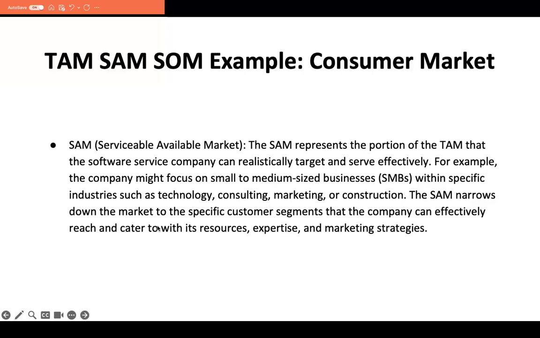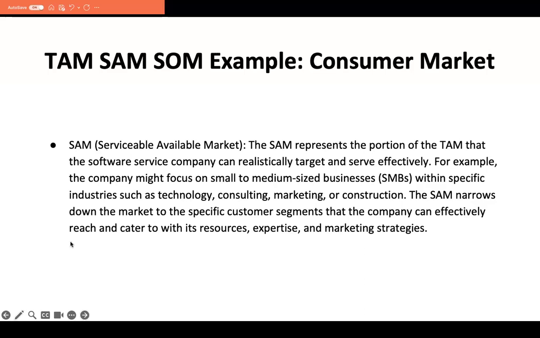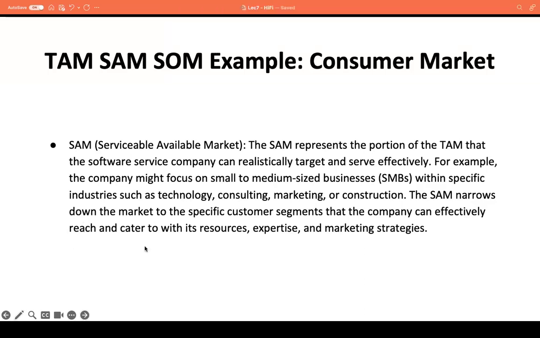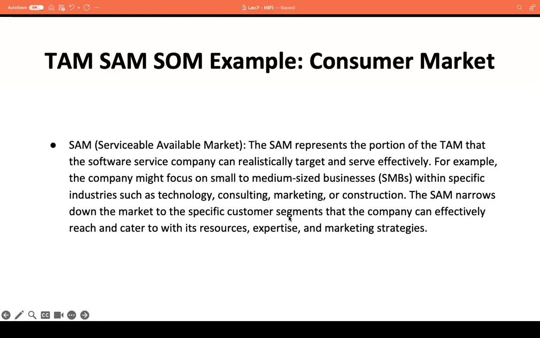This would narrow down the market to specific customer segments that the company can reach. So the key term is reach and cater to within its resources, expertise, and marketing strategies.